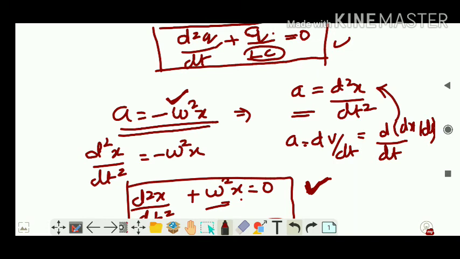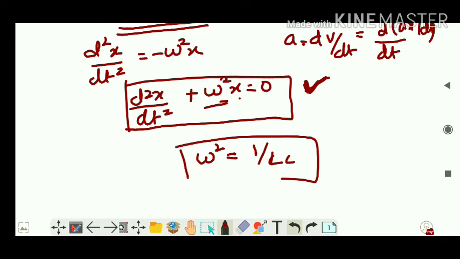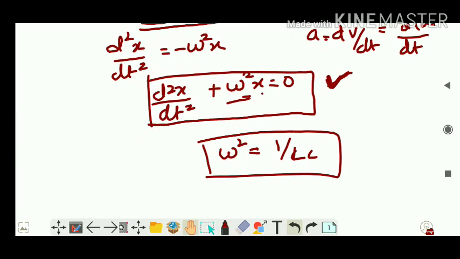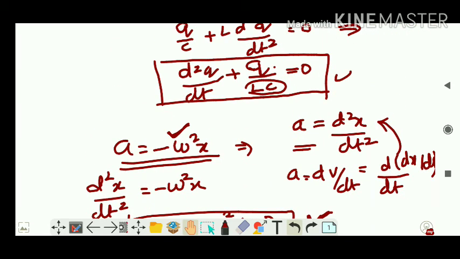So I can write here, omega squared is equal to 1 by LC. Let's keep that when I compare these two equations. I'm sure that this expression is for simple harmonic motion, which means this equation is also for simple harmonic motion. And what is this?